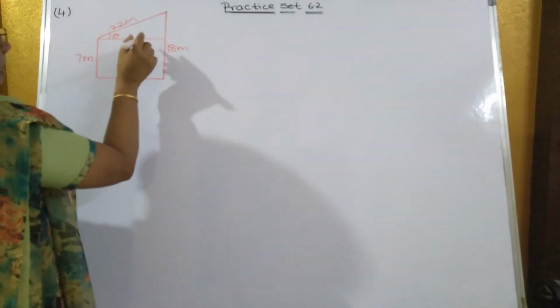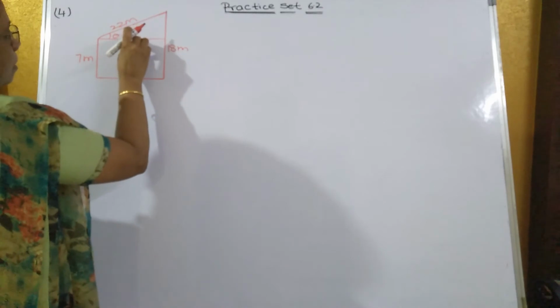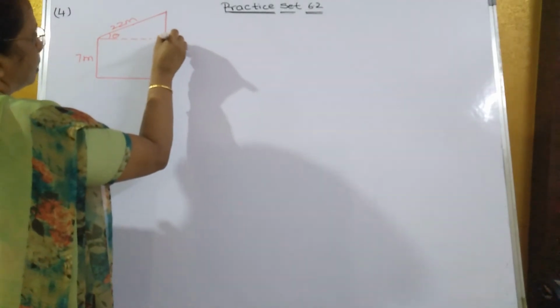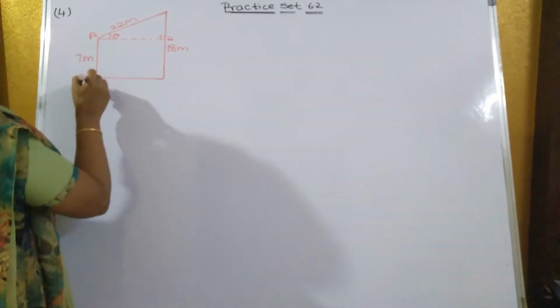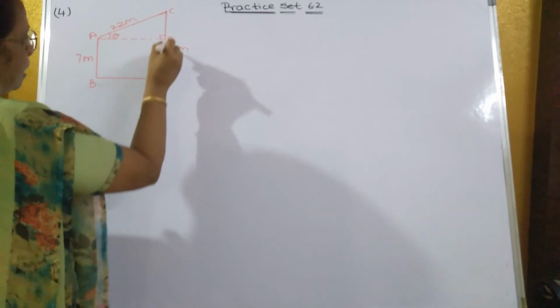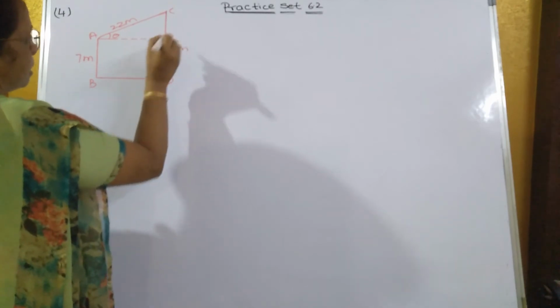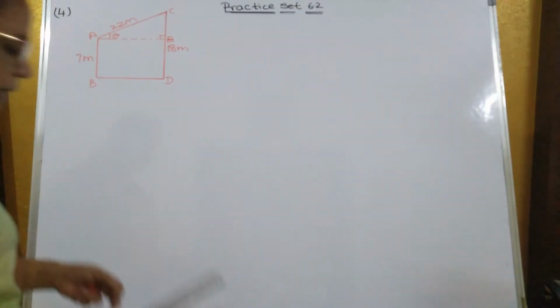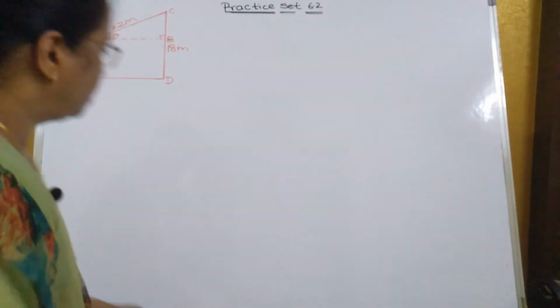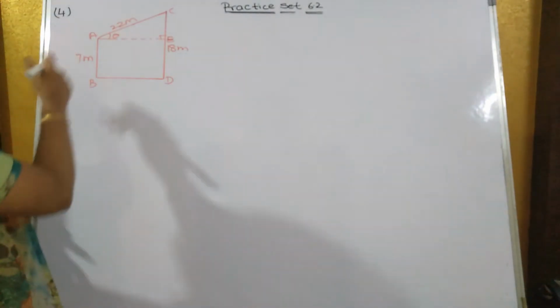Let us construct this. Let us take this pole as AB, and this as CD, and let us take this point as E. Now like the previous sum only, you have to write down everything. What is AB?